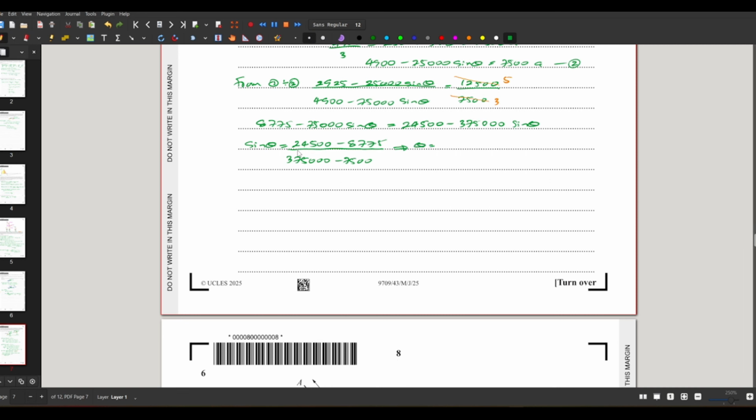So with this one, theta equal sine inverse. So here 24,500 minus 8,775 is 15,725 divide by, so this is 375,000 minus 75,000. So then it is 300,000.